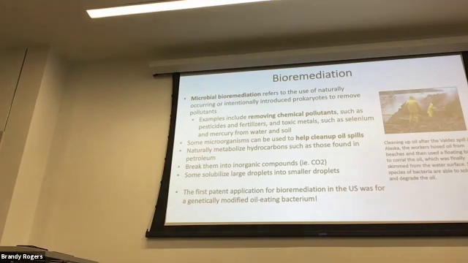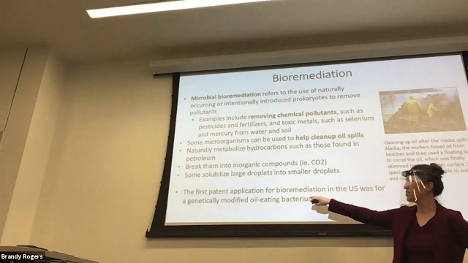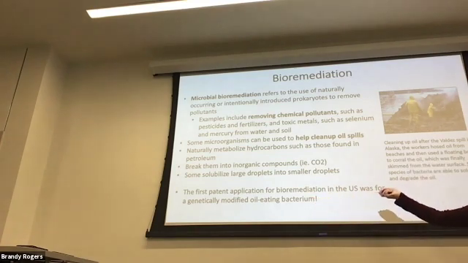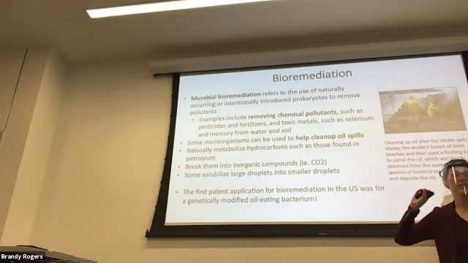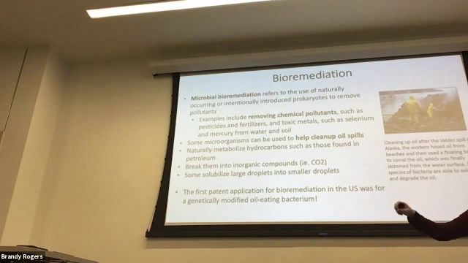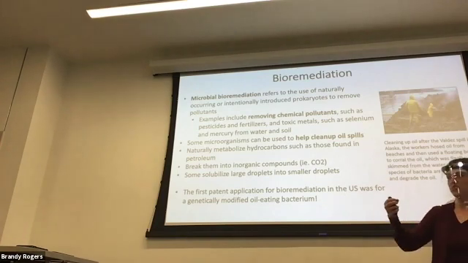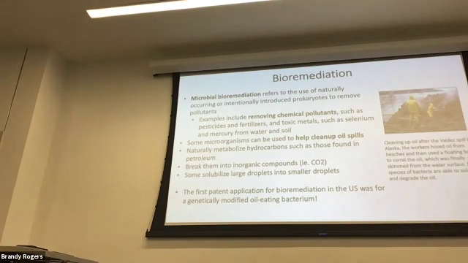There's an interesting story. I should link to the Supreme Court case because it's actually pretty cool. The first patent application for bioremediation in the US was for genetically modified oil-eating bacteria. What this guy did was take multiple species of bacteria that can digest these hydrocarbons, and he took those genes, independent examples of those genes that all code for that ability, and put them into one population of bacteria.